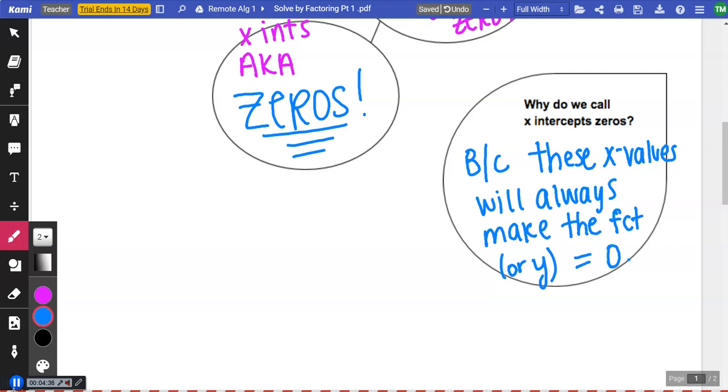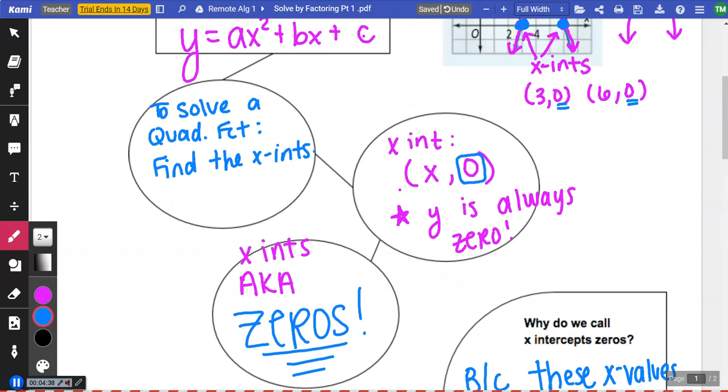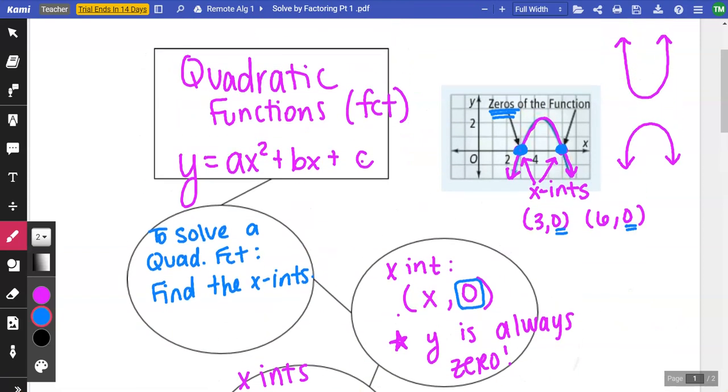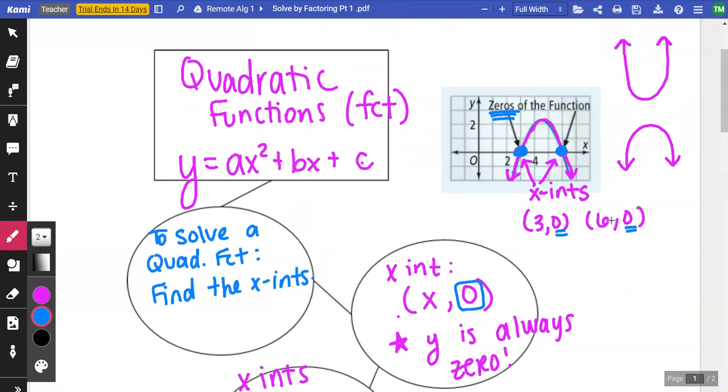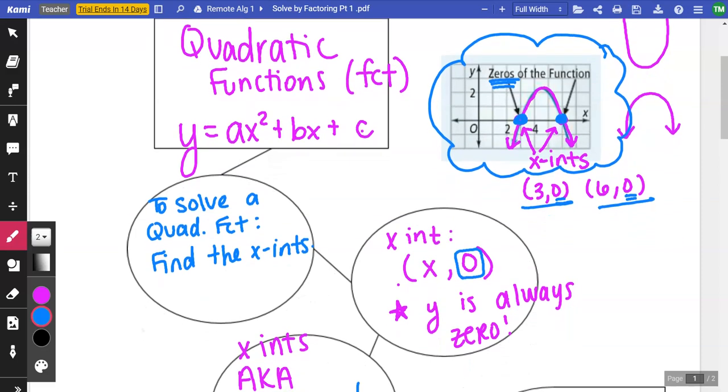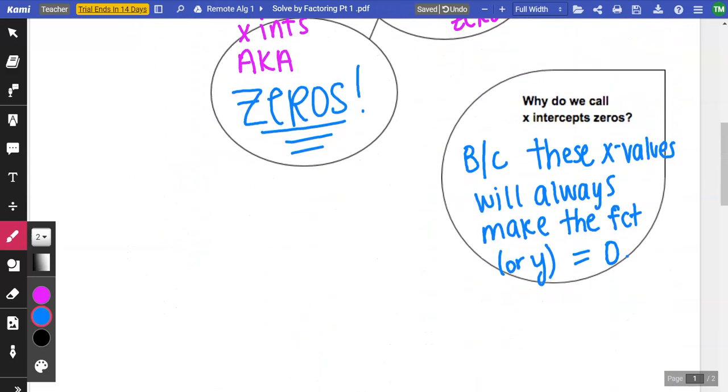So for example, if we talk about the parabola that was graphed in this example for us with the x-intercepts 3, 0 and 6, 0, the equation of that parabola is y is equal to x squared minus 9x plus 18.